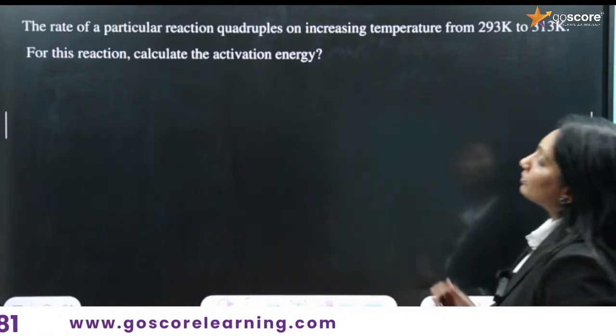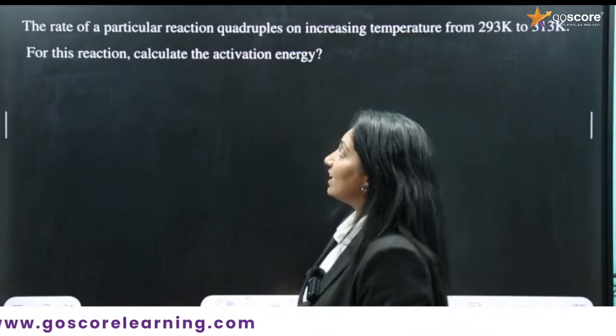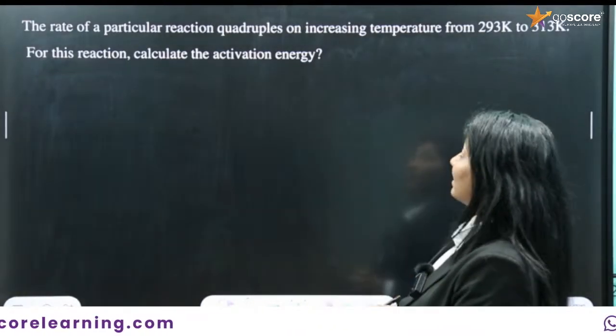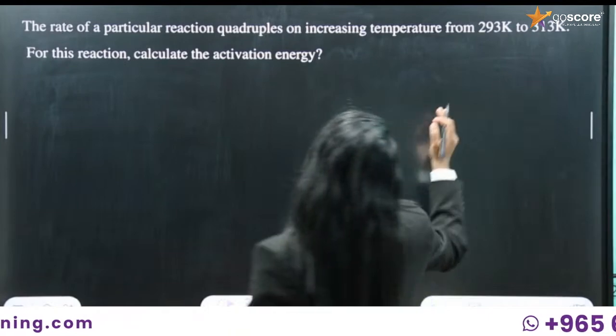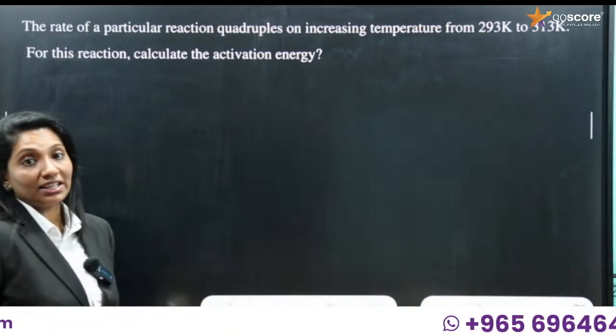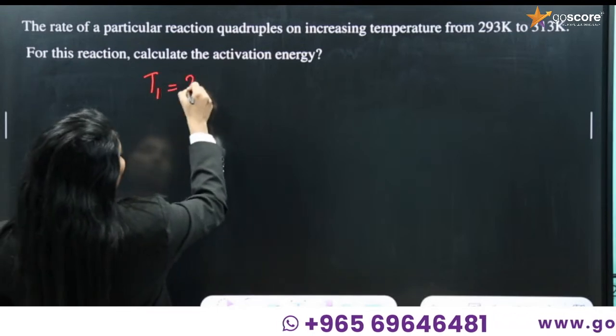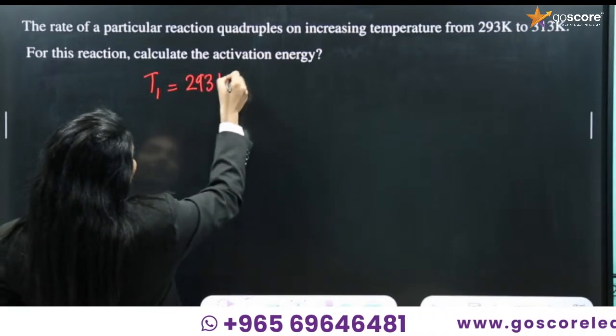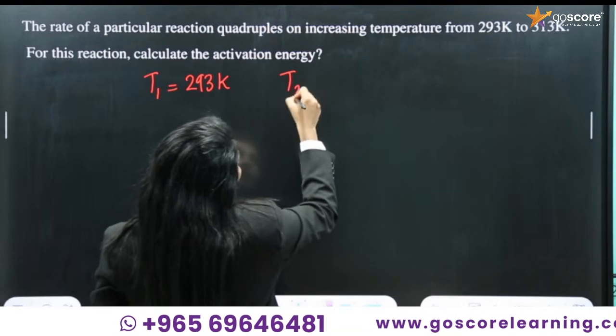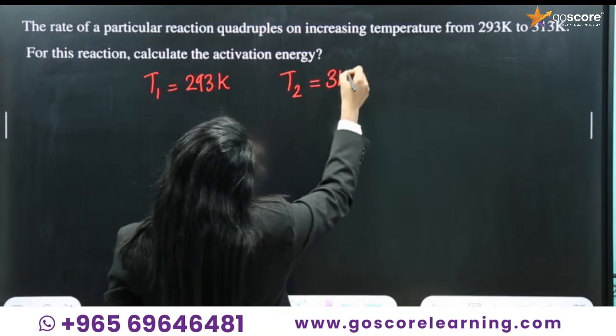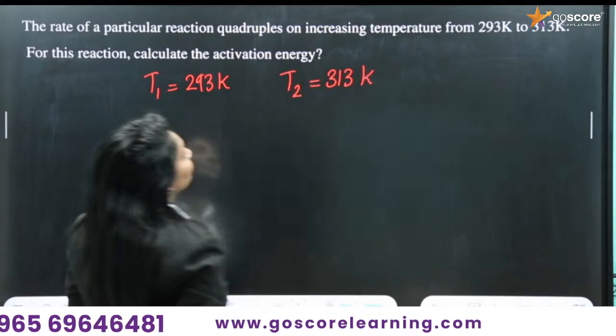The same type of question, that is, the rate of a particular reaction quadruples on increasing the temperature from 293 to 313 Kelvin. Okay, so here the temperature is given, T1 is 293 Kelvin and T2 is 313 Kelvin.